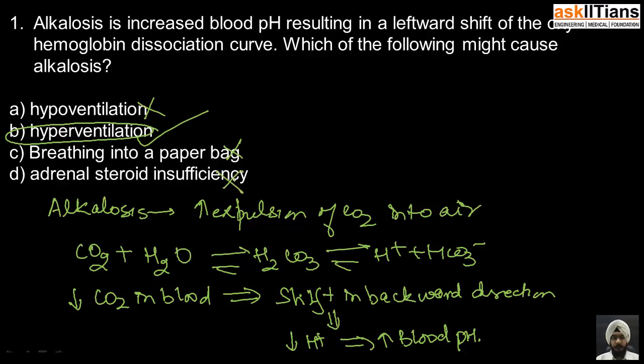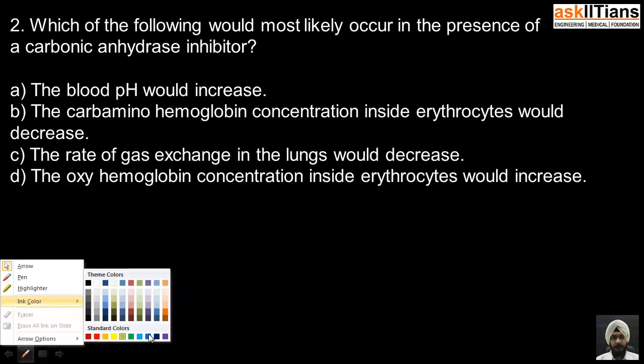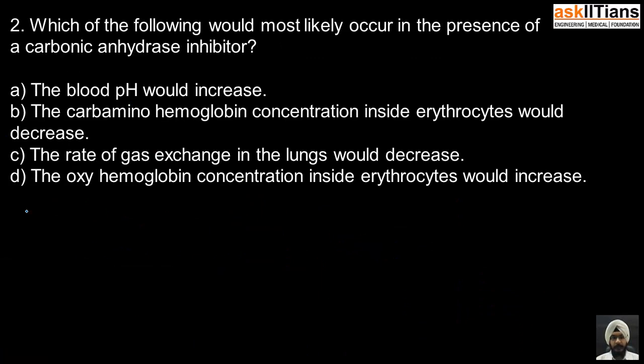Let's go on to the next question. The next question says, which of the following would most likely occur in the presence of a carbonic anhydrase inhibitor? As we know, carbonic anhydrase catalyzes this reaction.